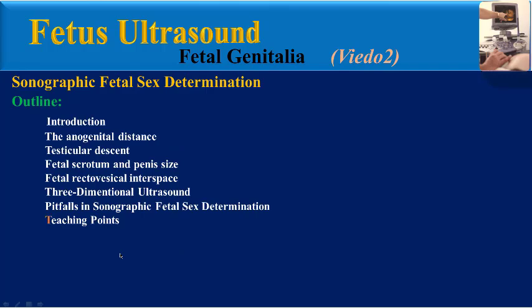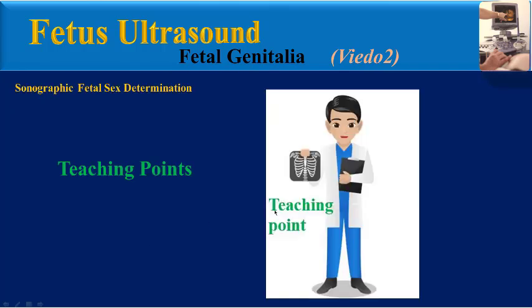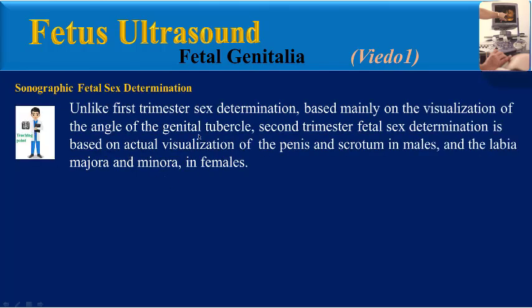Now, please pay attention to these final teaching points. Unlike first trimester sex determination based mainly on the visualization of the angle of the genital tubercle, second trimester fetal sex determination is based on actual visualization of the penis and scrotum in males and the labia majora and minora in females.